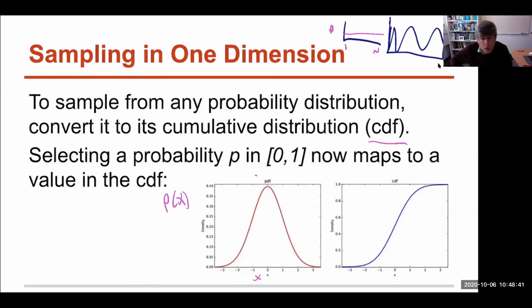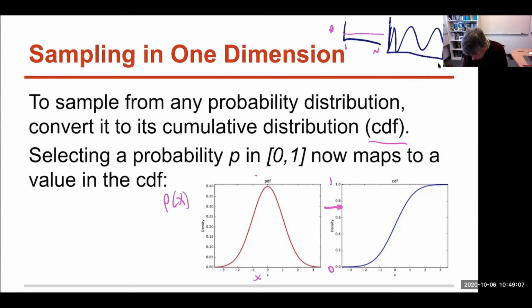That's the thing on the right. Notice that basically the entire probability mass is here, and the y-axis goes from 0 to 1. Suppose you sample a probability, a random number from 0 to 1. That's easy to do uniformly.